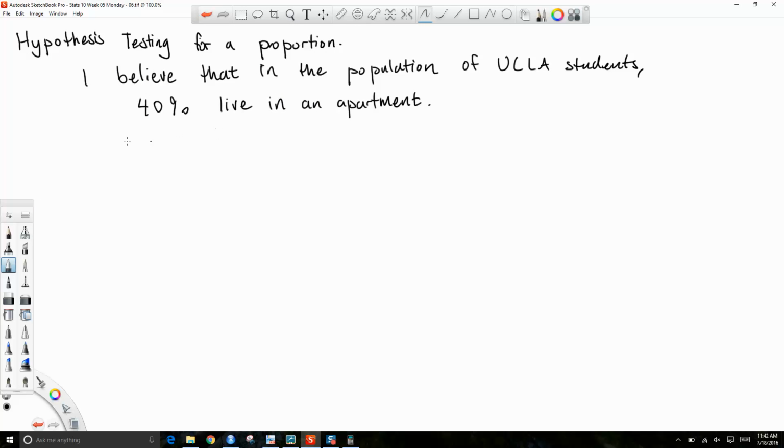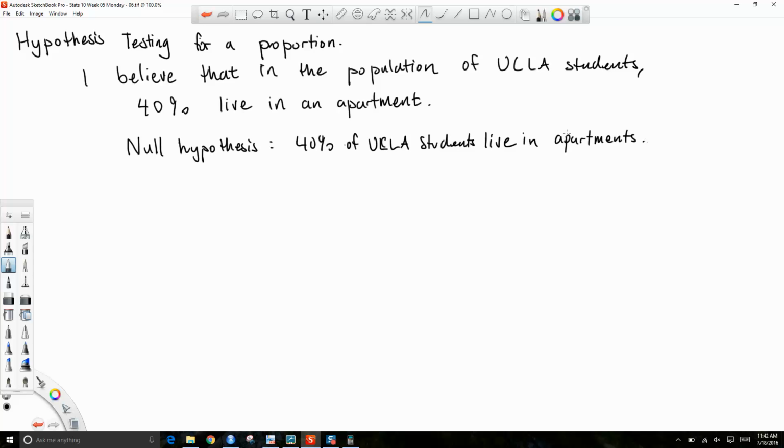So this is going to be our null hypothesis. Null hypothesis: 40% of UCLA students live in apartments. Okay, so we will say the null hypothesis, H0, is p equals 0.4.